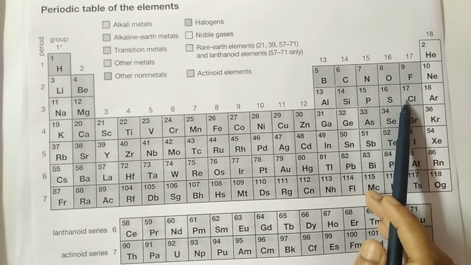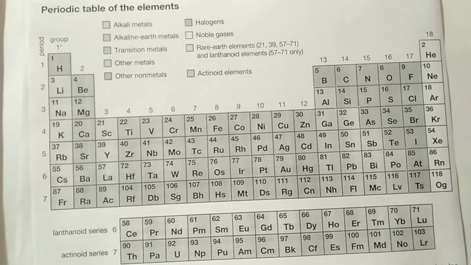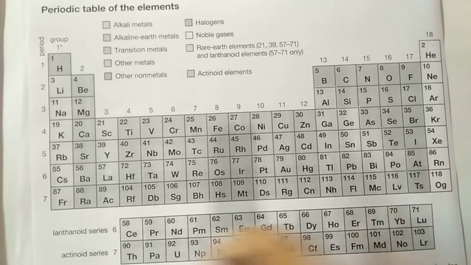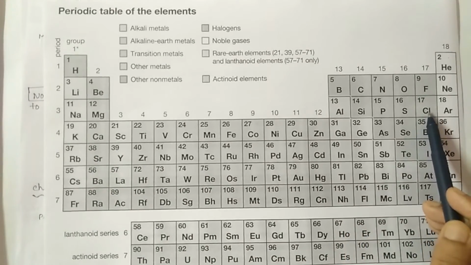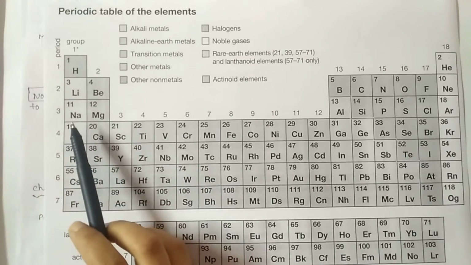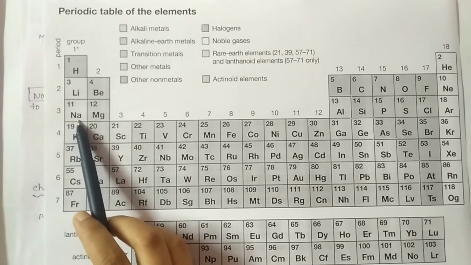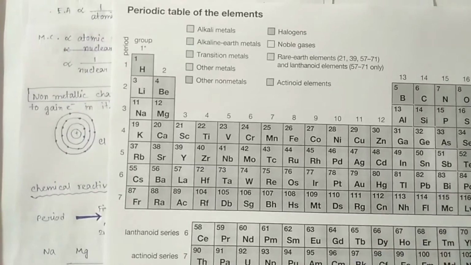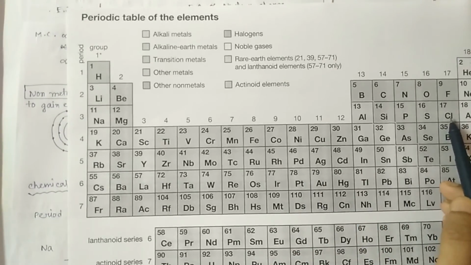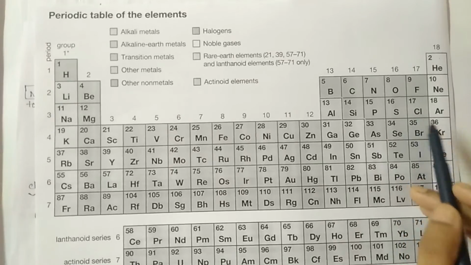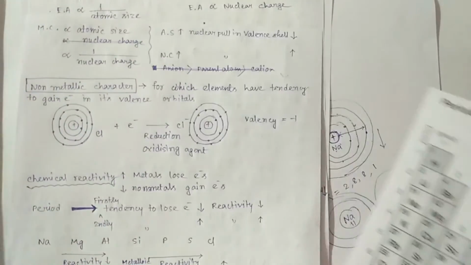That is why the outermost electronic shell of chlorine faces more nuclear pull than that of sodium. That is why its metallic character gets reduced, and chlorine becomes a non-metallic element. Okay, so this is about metallic character.